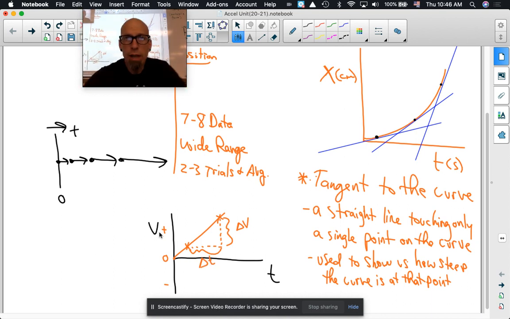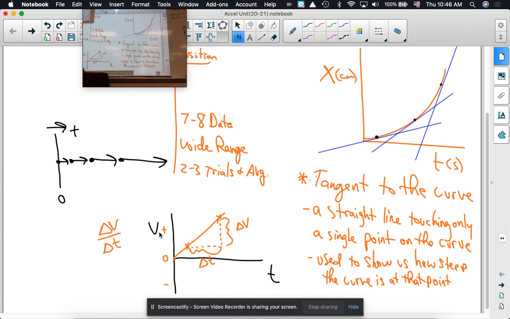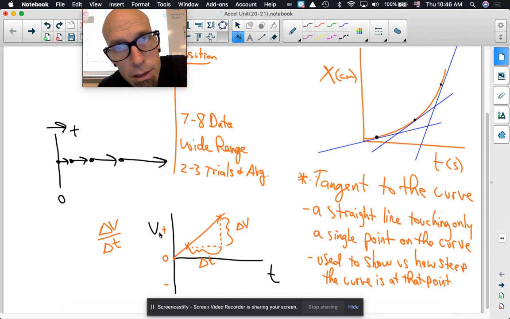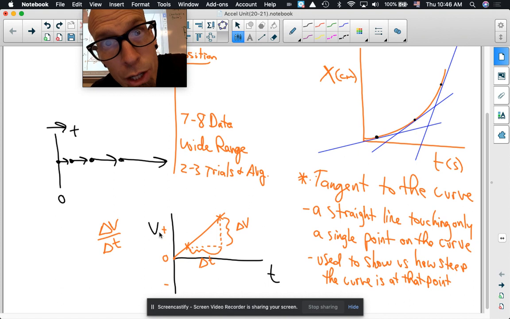So wait a minute. If you calculate the slope of this, you take a rise, which is a delta v, over a run, which is a delta t. And what do you have? You have a delta v over a delta t. Do you know that has a name in physics? Does anybody know what the name of that is? It's called acceleration.